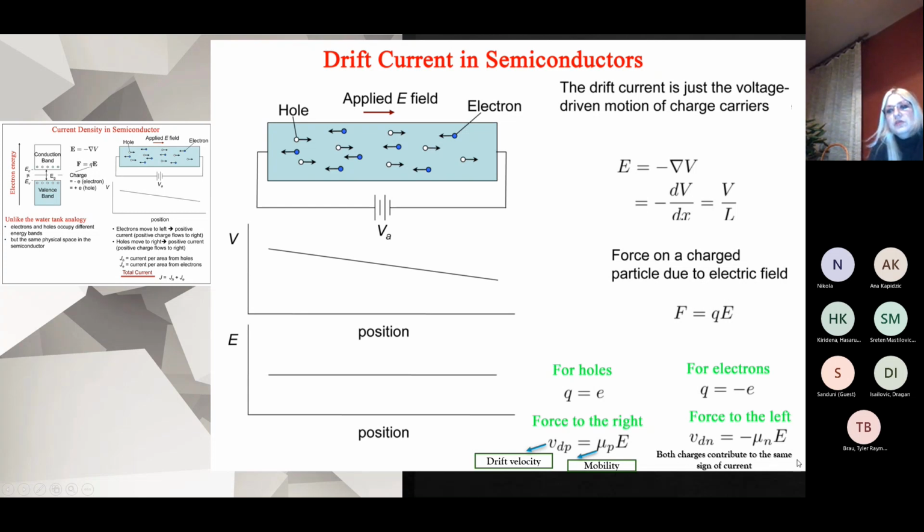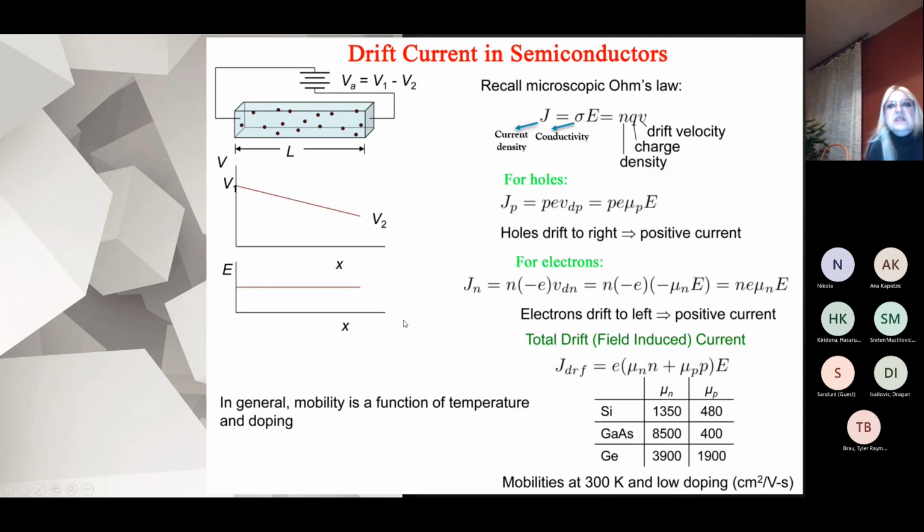Generally, both charges contribute to the same sign of the current. We can see here, if we remind ourselves of Ohm's law from the first lecture, that the current density we can write as the conductivity times the electric field, or as the number density times charge times drift velocity.